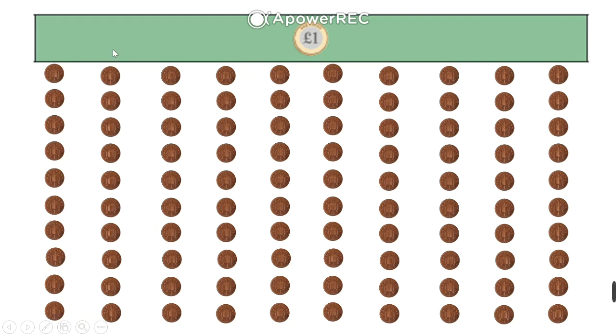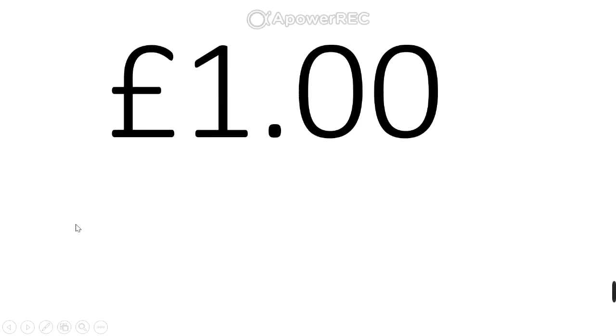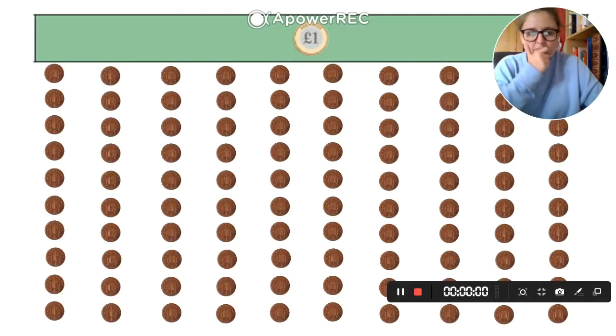So we have 10, 20, 30, 40, 50, 60, 70, 80, 90, 100. So in one whole pound, we have 100 pennies. So when we get to 99 here, it becomes £1 when we add another penny. So when it's 99 here, if we added a penny, it becomes one whole pound.